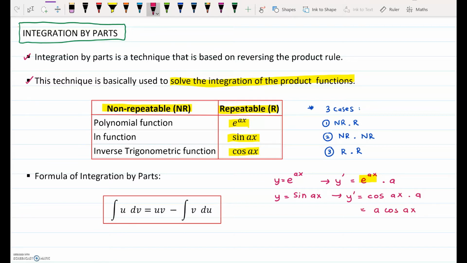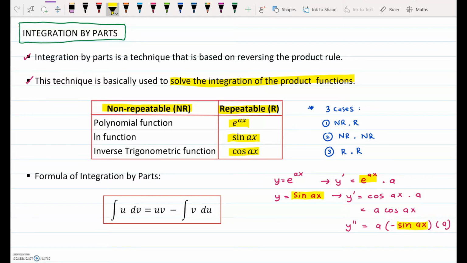If you want to find the second derivative, y double prime will be a times negative sine ax times a. So you can see here that we get the same terms as in your original y.